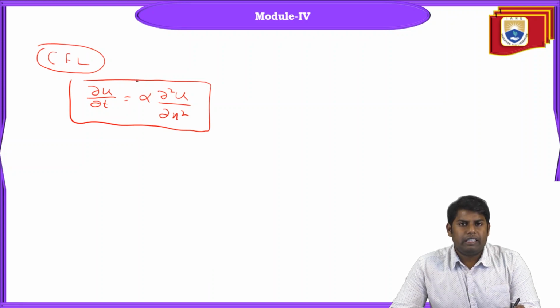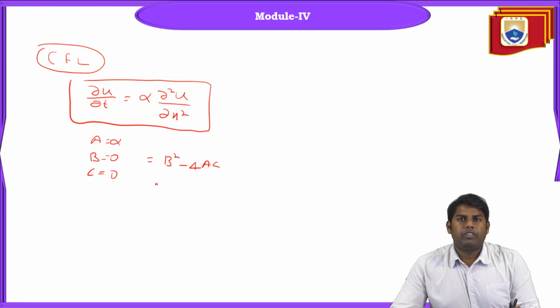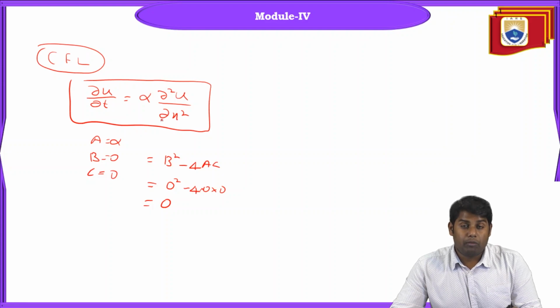This is a parabolic problem, where a is equal to alpha, b is equal to 0, and c is equal to 0. Therefore b square minus 4ac is equal to 0 square minus 4 into alpha into 0, which is 0. With this we can say that this 1D unsteady diffusion equation is a parabolic problem.